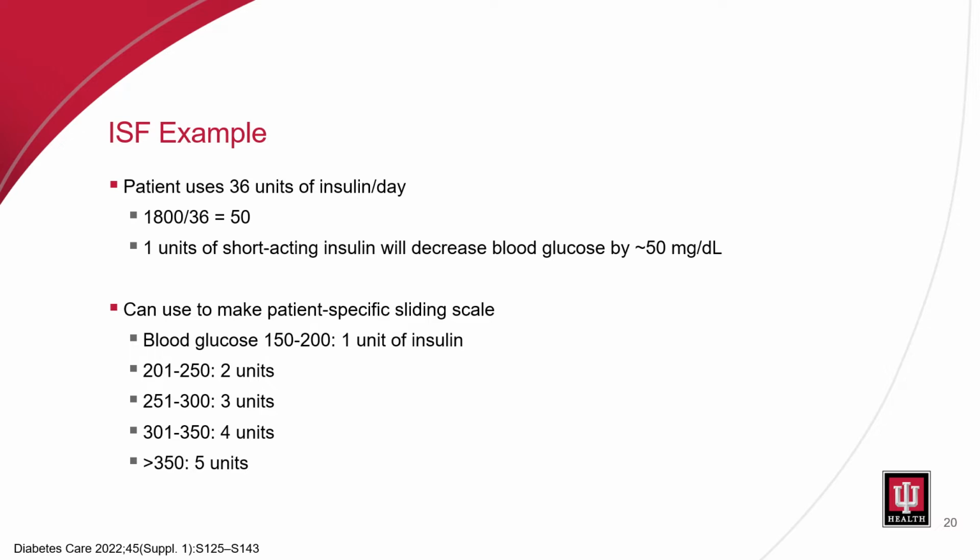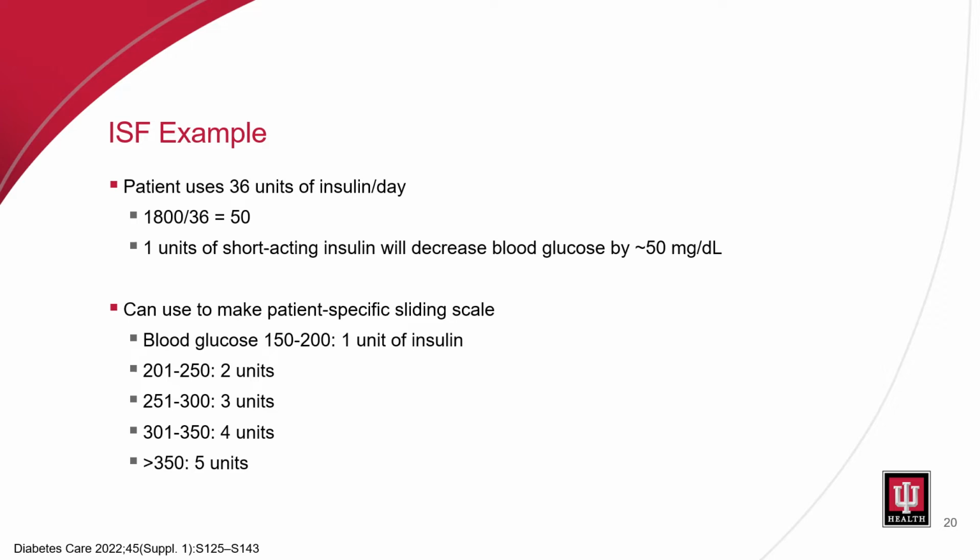So that's adding up the basal and the bolus insulin together. When we take 1800 and divide it by 36, we get 50. So we would anticipate that 1 unit of short-acting insulin in this patient will decrease their blood glucose by about 50 milligrams per deciliter.